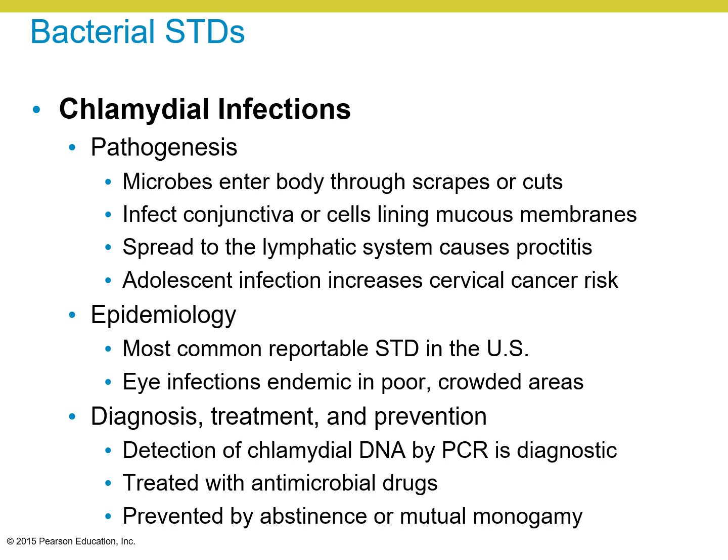Particularly it's known to be endemic in countries such as the Middle East, Northern Africa, and India. Diagnosis, treatment and prevention: it's using the detection of chlamydial DNA using PCR, treatment with various antimicrobial drugs, and prevention is hygiene, abstinence or mutual monogamy.